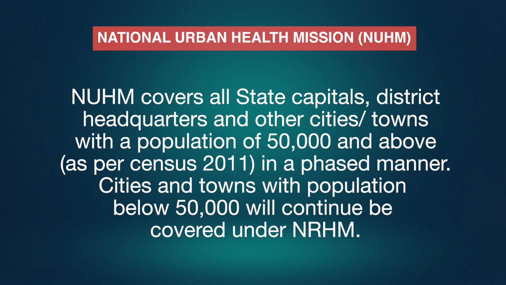Areas having a population of less than 50,000 will automatically be covered by the National Rural Health Mission. Thus, the National Urban and the National Rural Health Mission seek to provide integrative healthcare services by involving local communities and making way for decentralized planning at all levels.